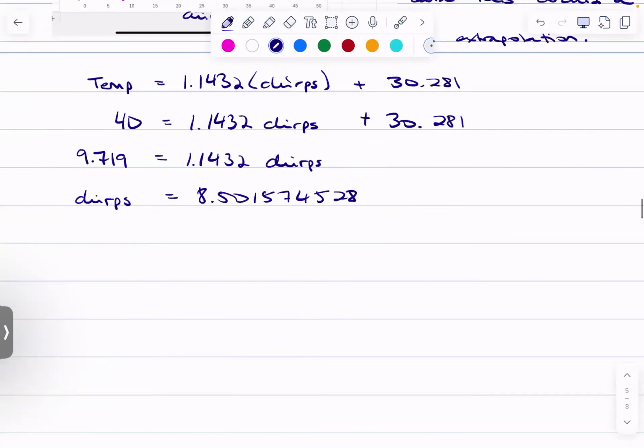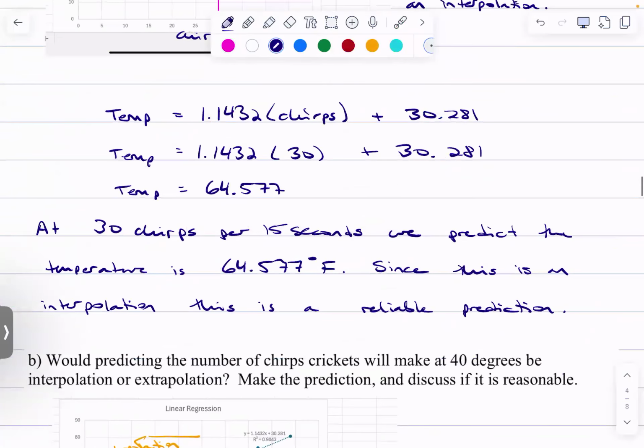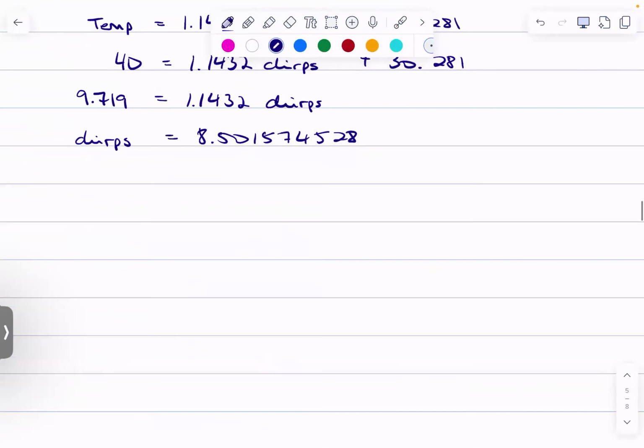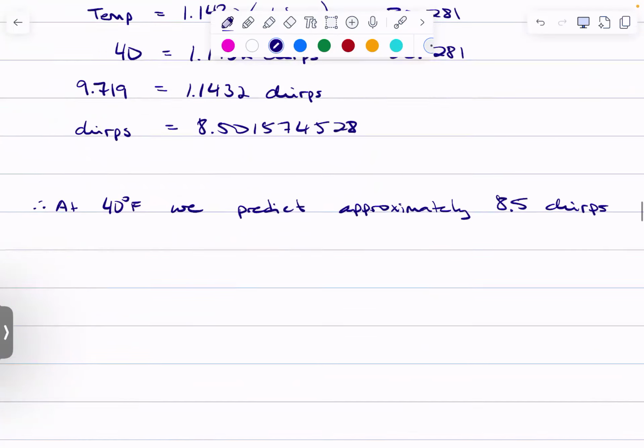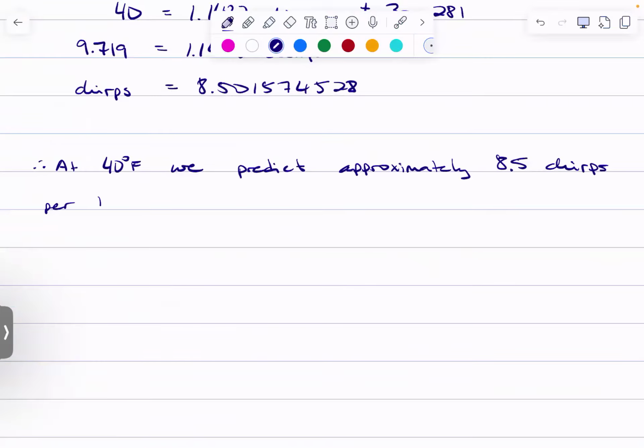So what did I say for the last one? So therefore, at 40 degrees Fahrenheit, we predict approximately 8.5 chirps per 15 seconds.